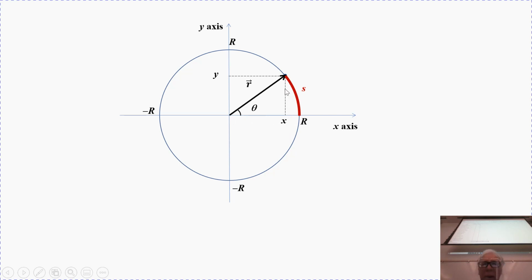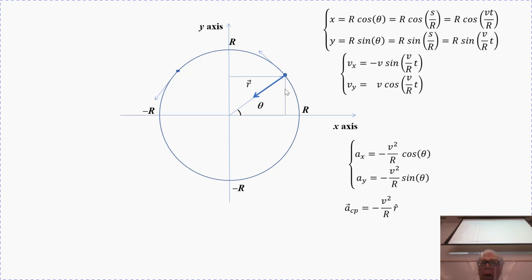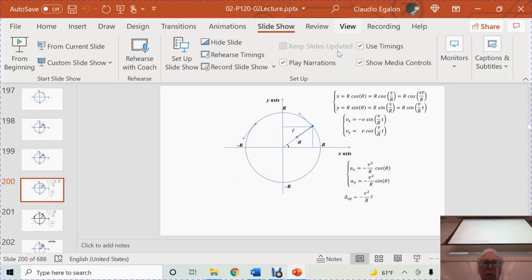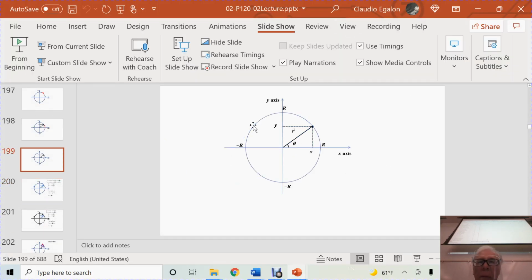Okay, let me see if I have the equation here. Yeah, I have the equation right in here. But it's too early to see the others. Let me do it step by step, otherwise we're going to become overwhelmed. Right, here you go. That's the S. I don't want the S here. I'm going to reorganize this slide.